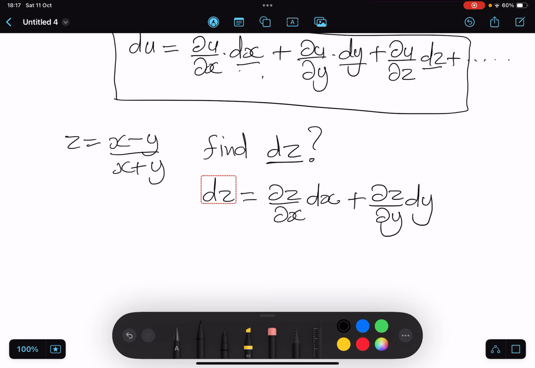I'm just using this, and since z is with respect to x and y only, we are going to end with dy. But if z was in respect to x, y, z, we're going to end at z.